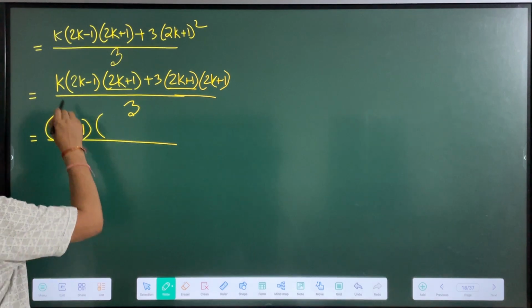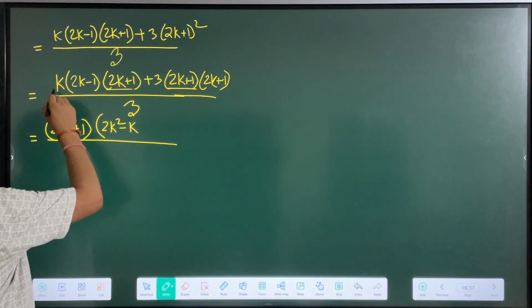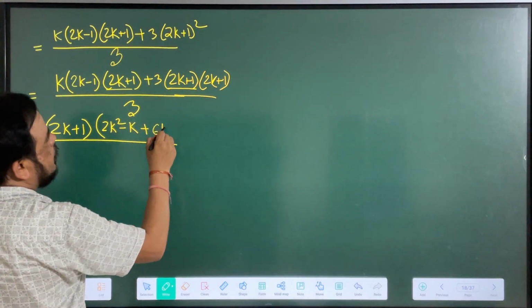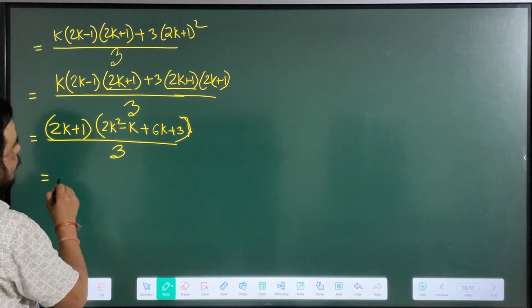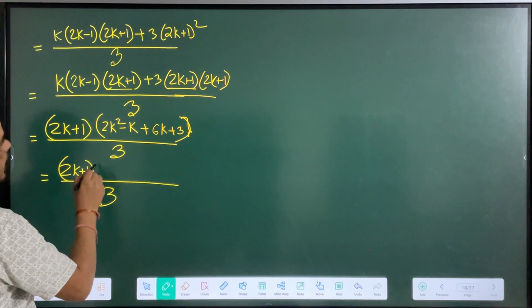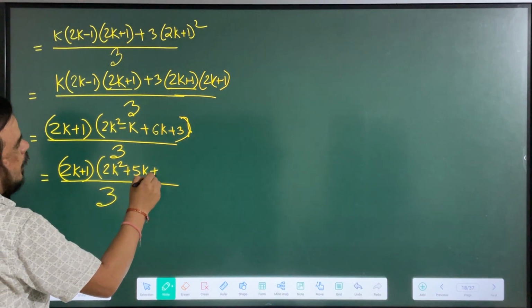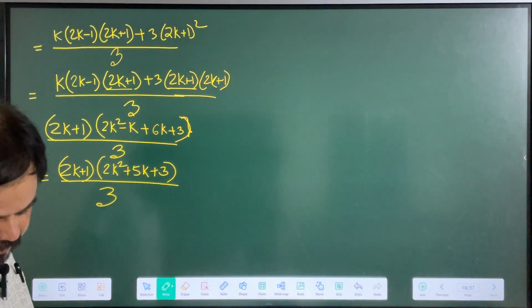We will multiply: k into 2k, 2k square, minus k, k into 1 is k, plus 3 into 2k, 6k, plus 3. So 2k plus 1, 2k square plus 5k plus 3, by 3.